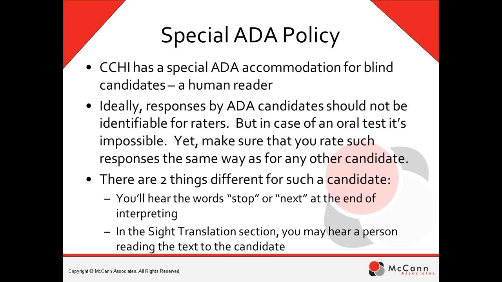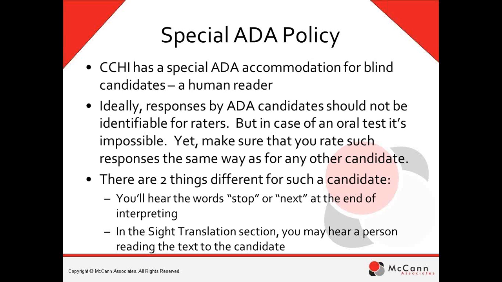They have certain rules about how many times they can ask for repetition of certain segments of a sentence or the whole sentence. So again, you may hear the command, please repeat, etc. Just ignore the commands. Don't penalize the candidate for using these extra words. Also, because sight translation is done in this simultaneous mode and it's harder that way, the candidate may run out of time to record the complete interpretation.